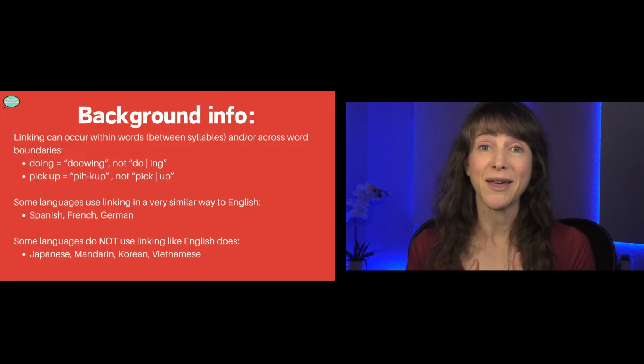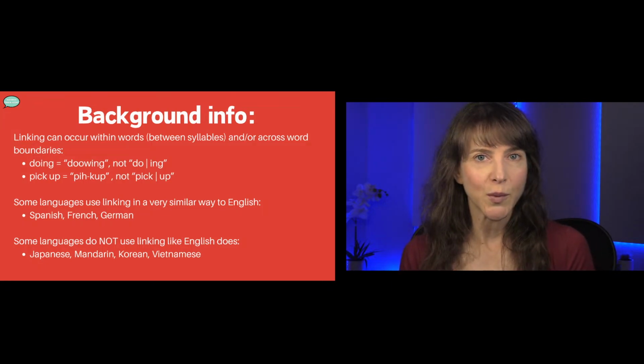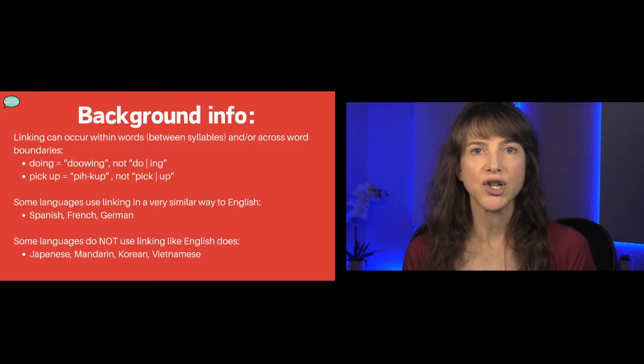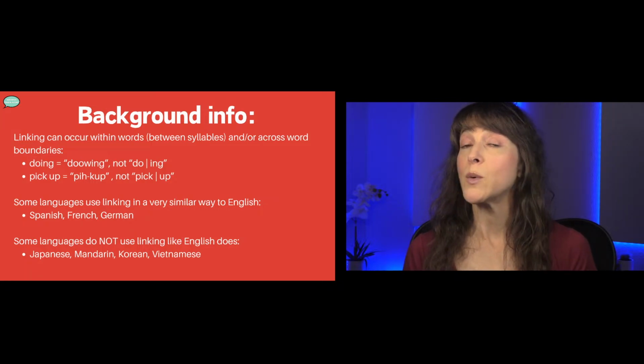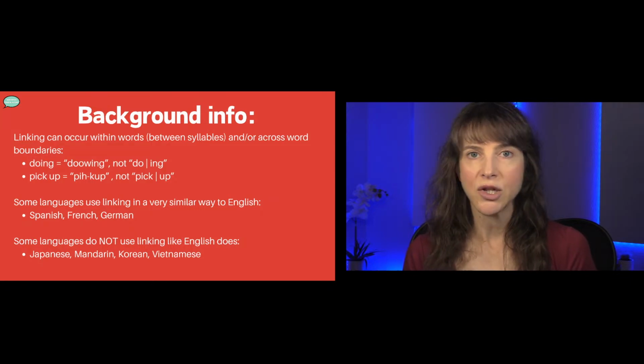It connects words together. Some languages use linking in a very similar way to English, like Spanish, French, German. Some languages don't use linking in the same way, like Japanese, Mandarin, Korean, Vietnamese. So depending on your native language, linking may or may not be challenging.